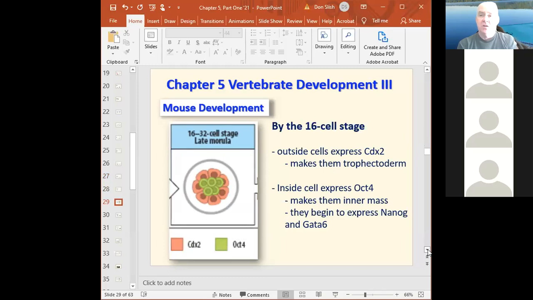Those inside cells are touching on all their surfaces. The outside cells have an apical surface that is not touching anything. It's free. That's what I meant to say. And so because of that, the inside ones start to produce only OCT4, and the outside ones produce only CDX2. And CDX2 will turn those outside cells into trophectoderm, and the OCT4 will become the embryo proper.